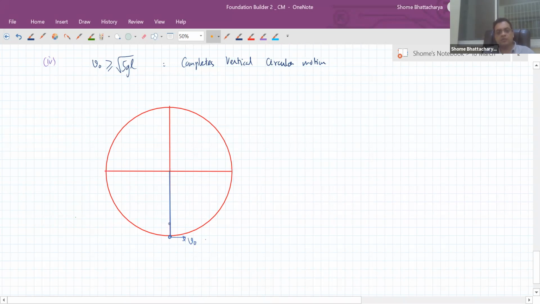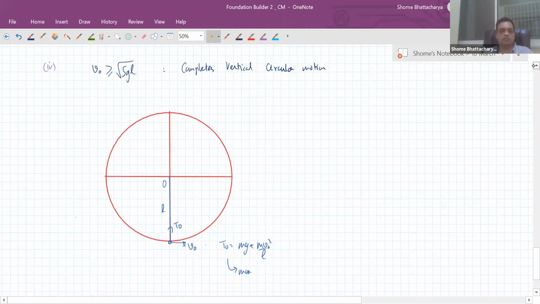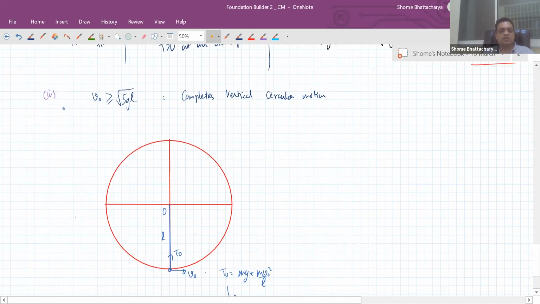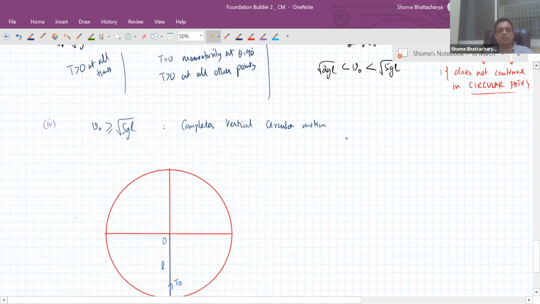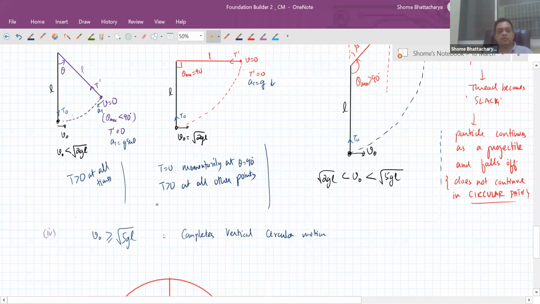So here, if the speed is V naught, then this tension T naught equals mg plus mV naught square by L. This is the maximum tension. In fact, this is the case in all the different situations. Here also, at this point the tension T naught is always the maximum tension. In all three of these, this is the maximum tension.